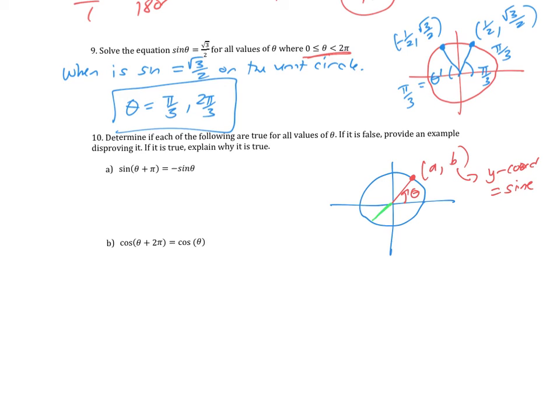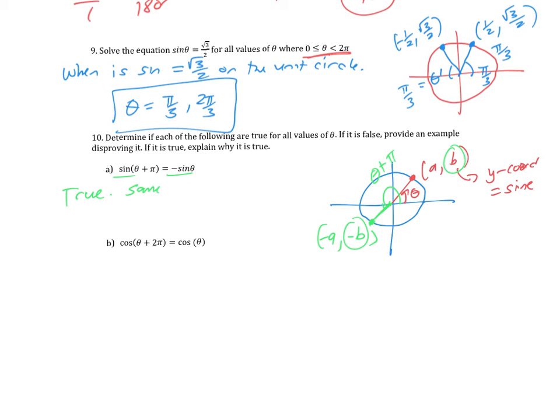This is my angle theta plus pi. When I do that, what happens to our coordinates? By symmetry, the x coordinate is going to be negative a and the y coordinate is going to be negative b. So in this case, the y coordinates are opposites, which is exactly what this statement says. So this is going to be true.